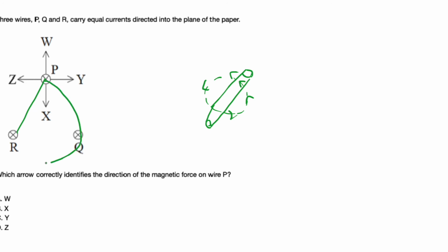I don't know, just draw a circle. And now I can identify the direction of the magnetic field, and by using right hand rule, you can identify the direction of magnetic force. Let me do this.